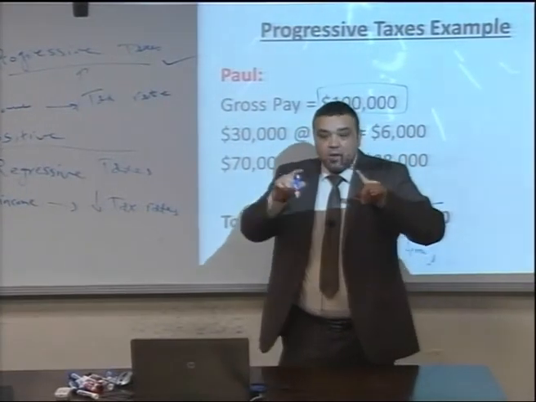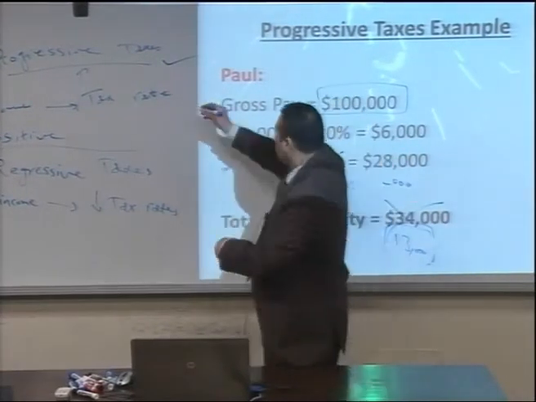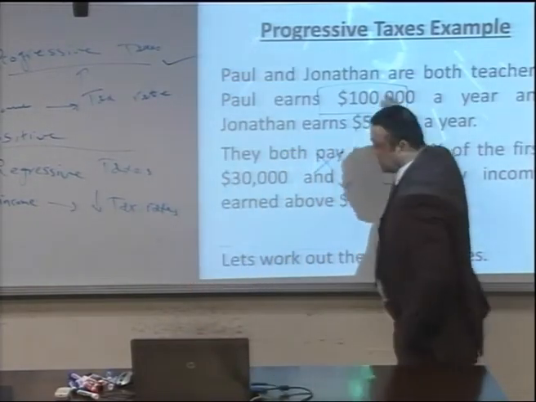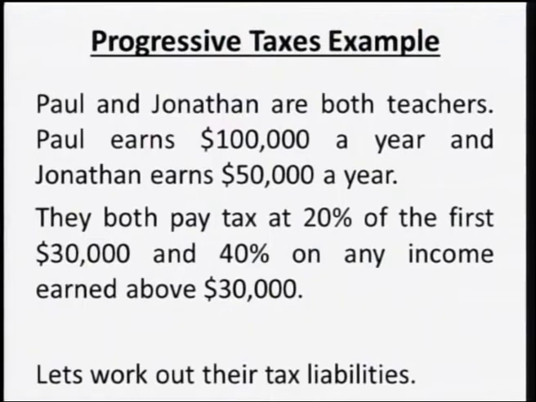Okay? And for the flat tax or proportional tax, the same example, but we will apply the flat tax, or the fixed tax rate. Let us assume the flat tax is applied on the gross income, lump sum.